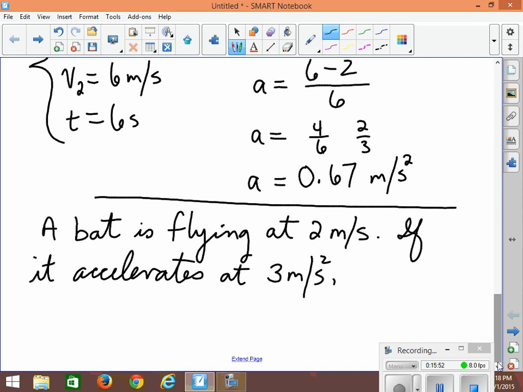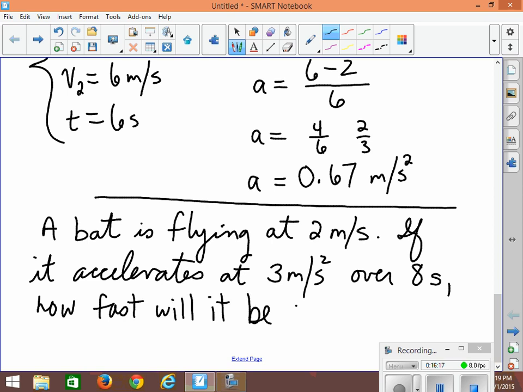If it accelerates at that rate, wait a minute, let me erase that. If it accelerates at 3 meters per second over 8 seconds, how fast will it be going? How fast will it be going 8 seconds later?